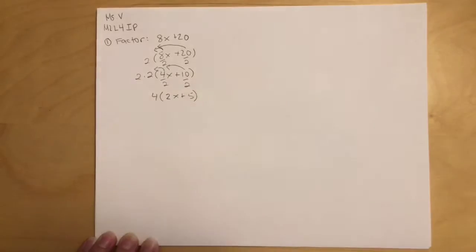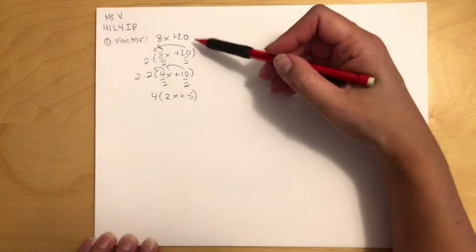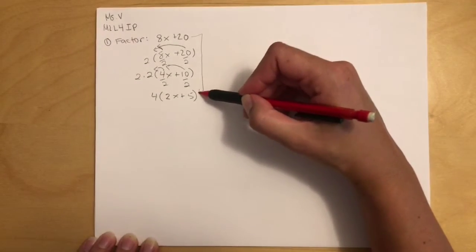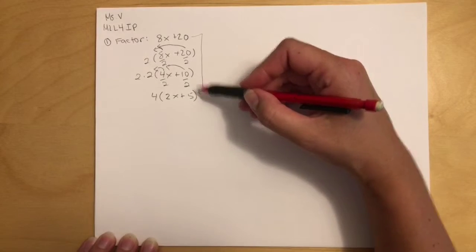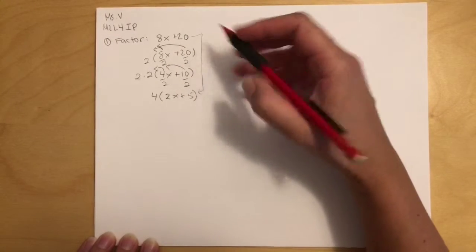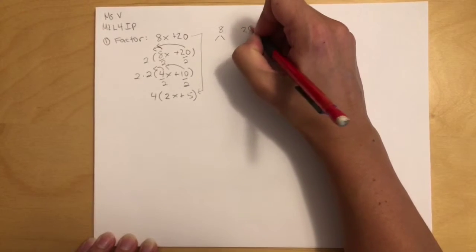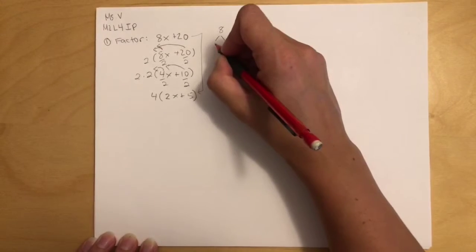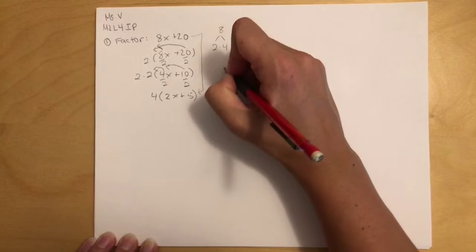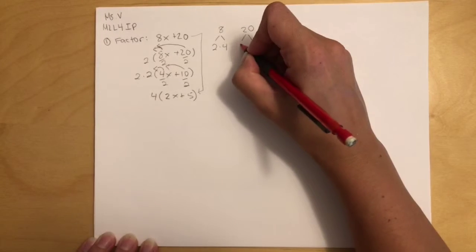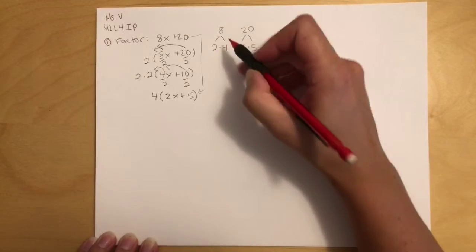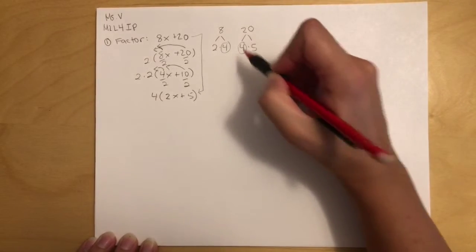Okay, so how do we do this? How do we go from here to here in one go without having to do it twice? Well, the first thing we do is make a factor tree for both 8 and 20. 8 is 2 times 4, and 20 is 4 times 5, so we can see that we have a 4 in both of those.